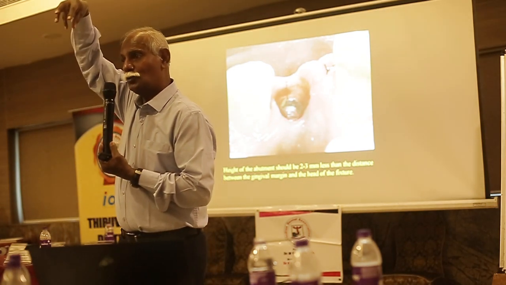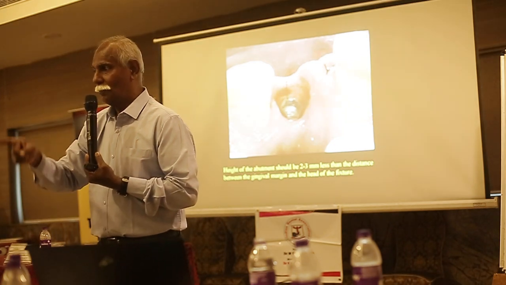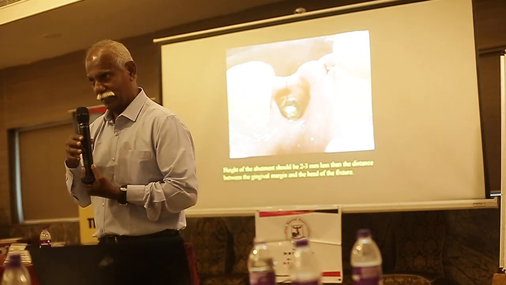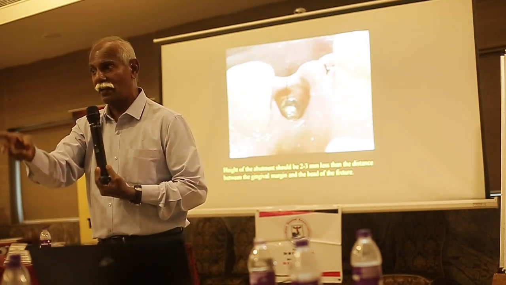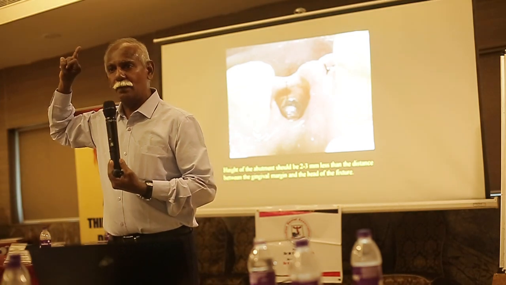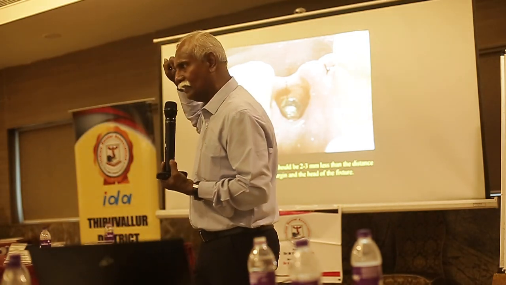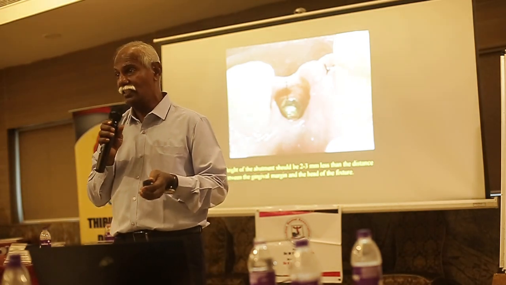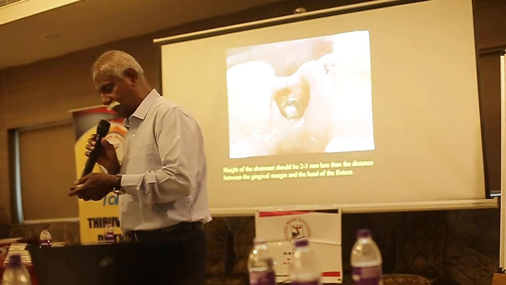So the abutment goes 2 millimeter below the soft tissue. Thereby, you are eliminating the visibility of the metal component, and also giving a chance to create an emergence profile. Is that clear? The first and foremost thing is the elimination of the visibility of the metal component and developing an emergence profile. These are the basic necessities in the aesthetically demanding area.